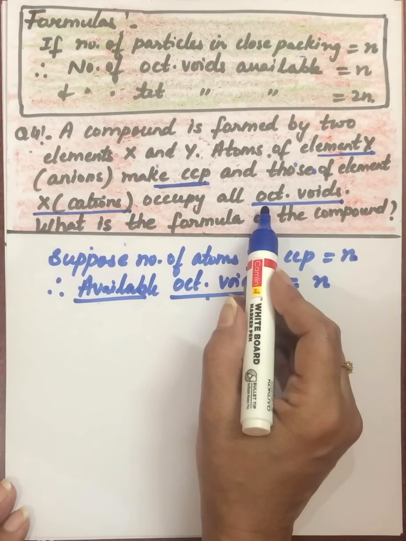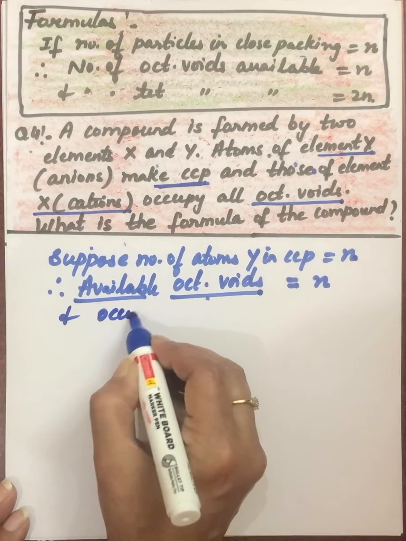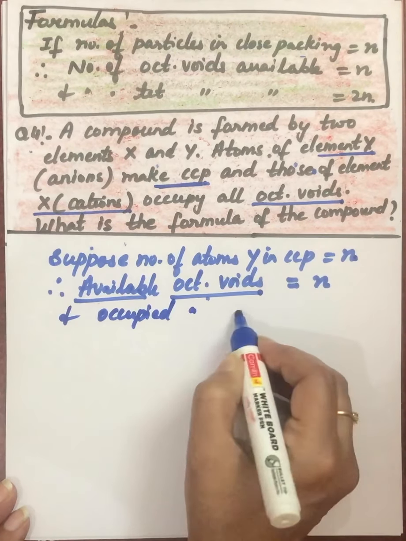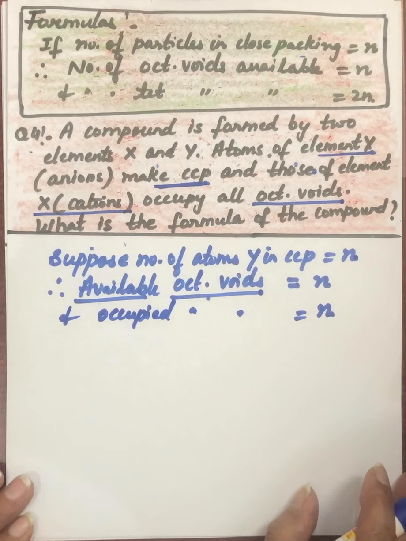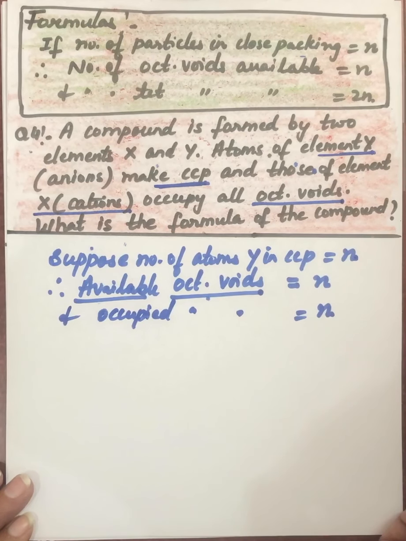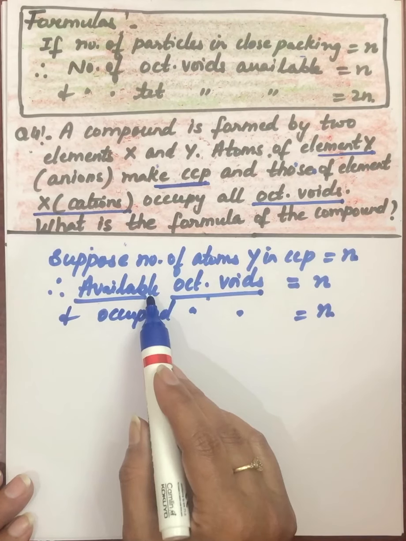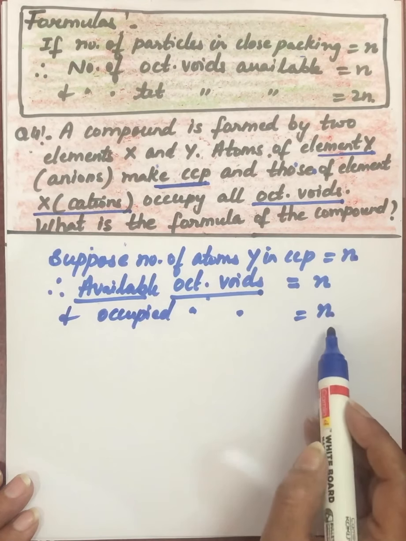And of course here they have mentioned all these are occupied, so n are occupied. Sometimes in the question it will be mentioned that 1/3 of these are occupied or 2/3 are occupied, like this. So it's not necessary that all available octahedral voids will be occupied. In this case all are occupied.